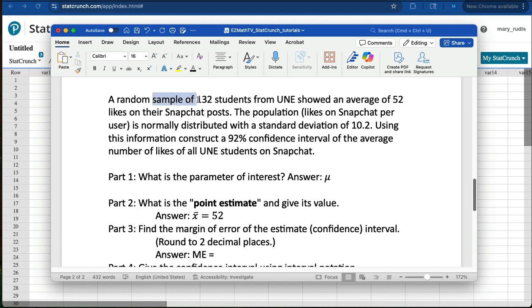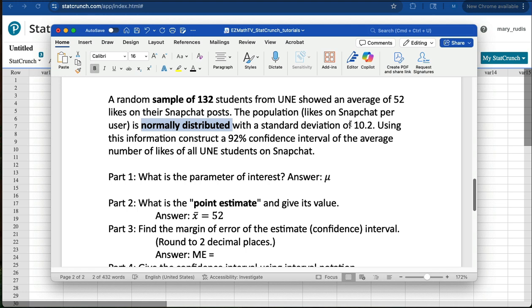I'm looking at this. We have a sample of 132, so check. Is the population normal? Well, there we have a statement here that it's normally distributed. Check. Do we know sigma?